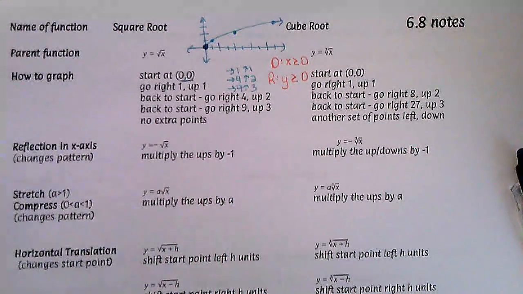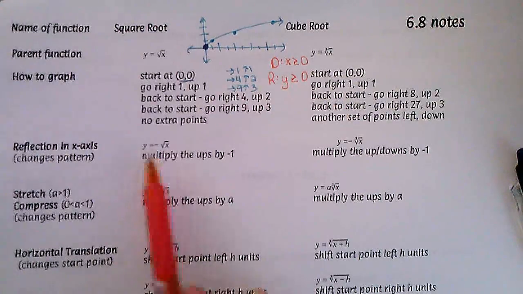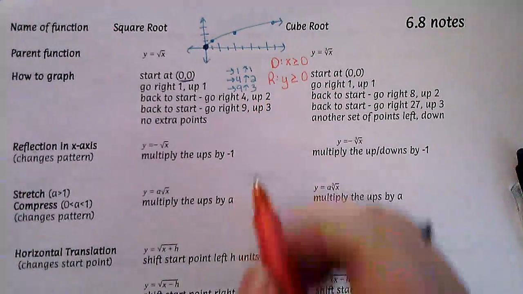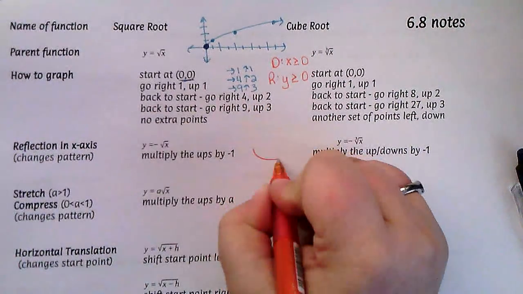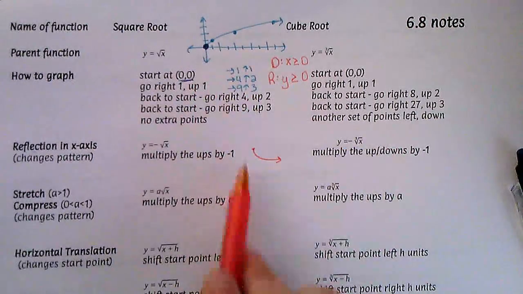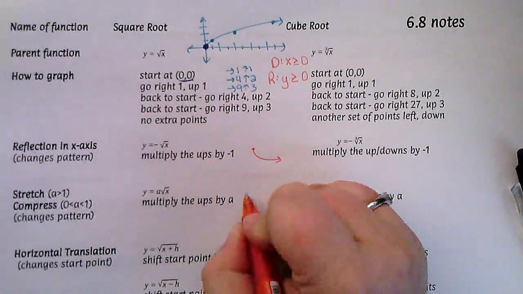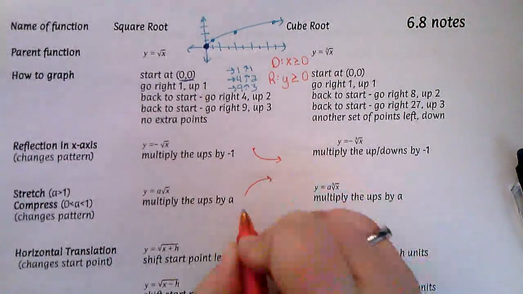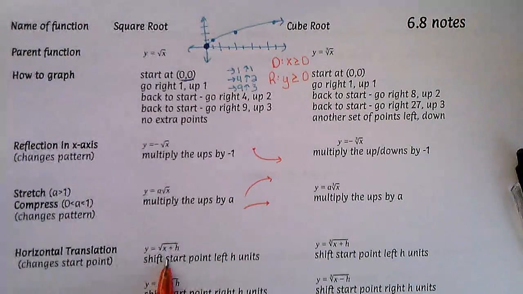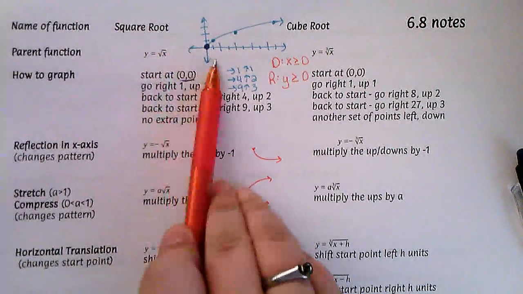Okay, so then we have some transformations on that one. If we have a -1 out front, it multiplies these ups by -1, which would make your eyebrow go down instead of going up like normal. A stretch can make your eyebrow tall. A compression can make your eyebrow more flat. Shift right and left moves your start point, so it can move it all over the graph.